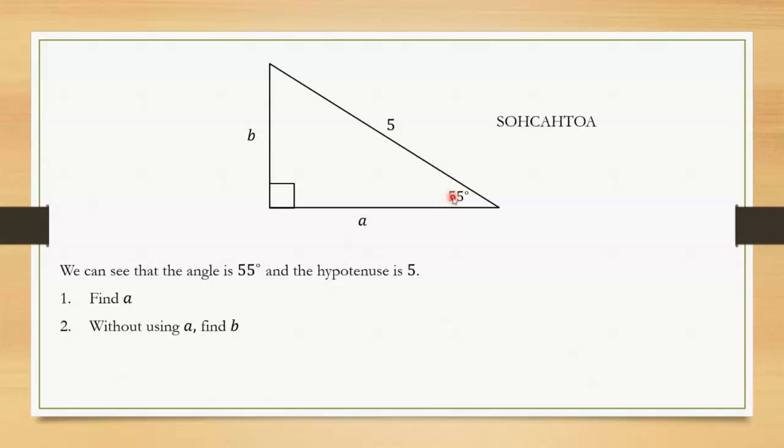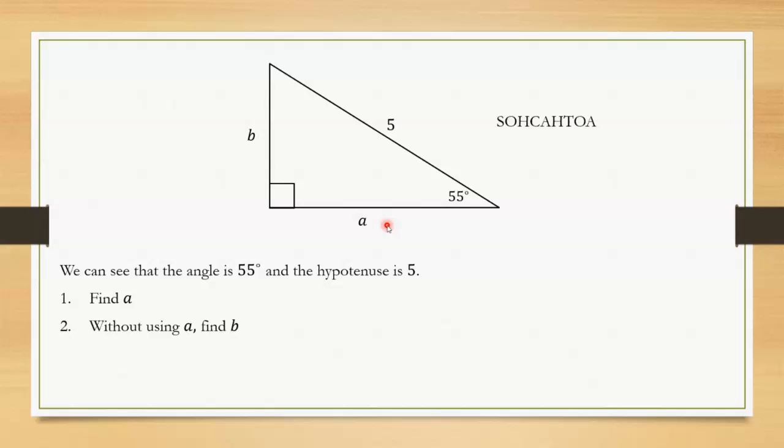So we have the angle. We're going to figure out A, and without using A, we're going to figure out B. But again, it boils down to knowing what trig function do we use. Well, for A, we have adjacent over hypotenuse, right?